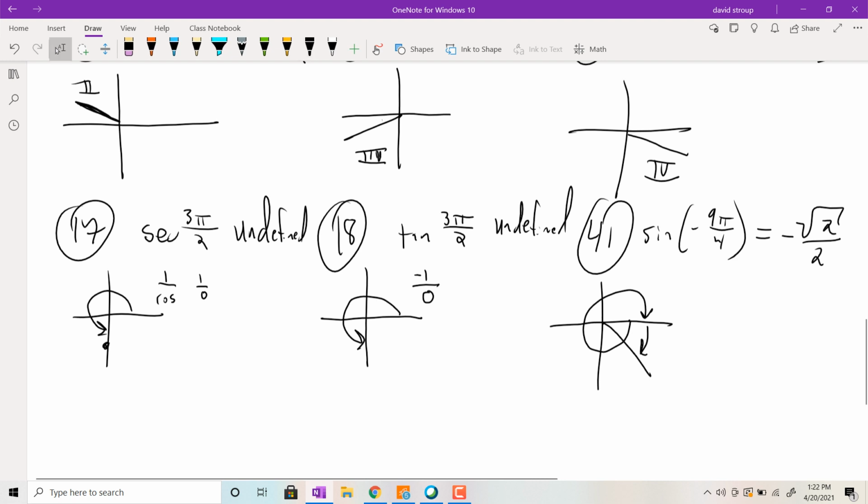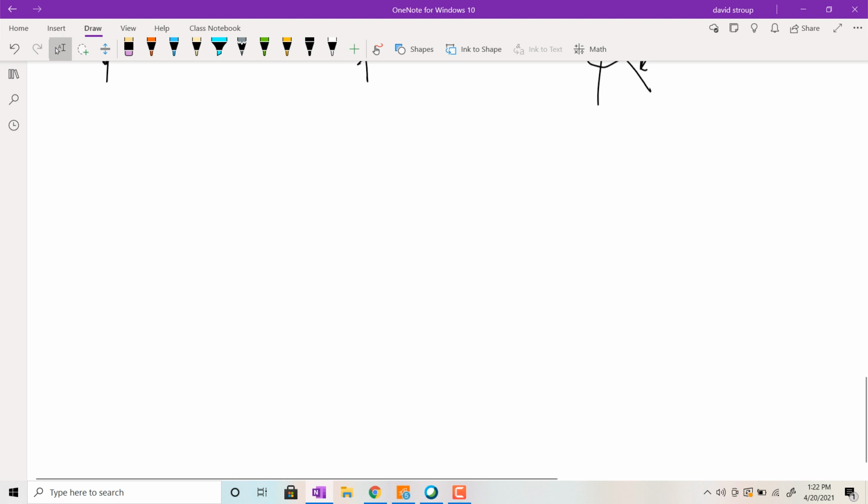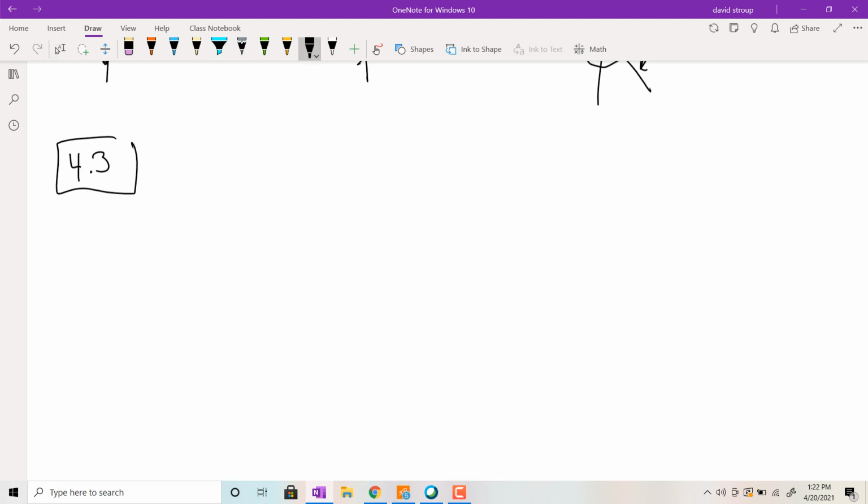Okay, 4.3. In 4.3, I think we really started connecting the right triangle to these trig functions. I like problems like 1 to 7. There are some puzzle type questions in 1 to 7, and also 29 to 33.